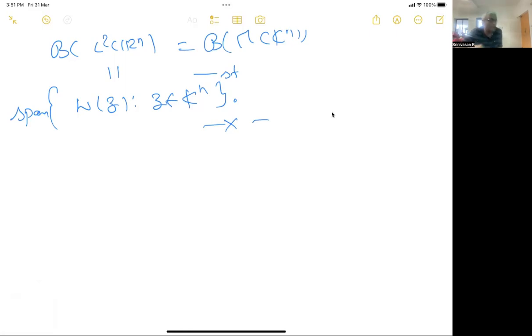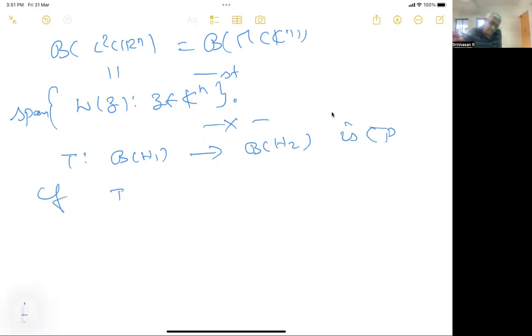Okay. So we know what is a completely positive map. Let me just recall T from B of H1 to B of H2. We are not dealing with any general algebra, only B of H, for the time being. T is positive if T of any positive element is positive.